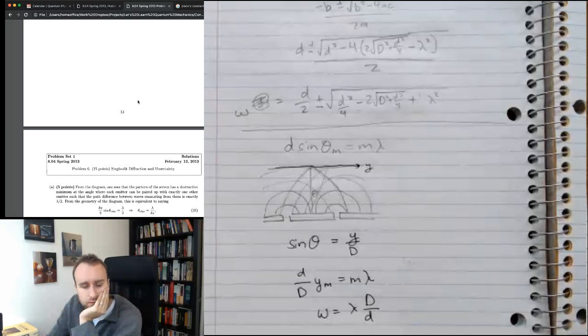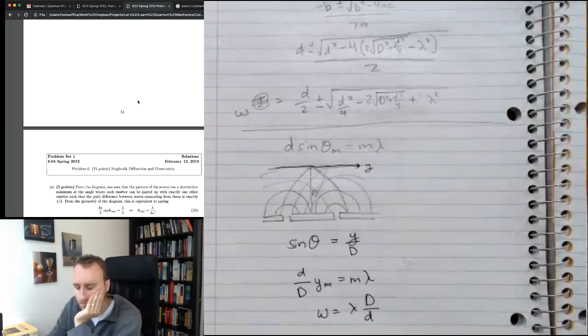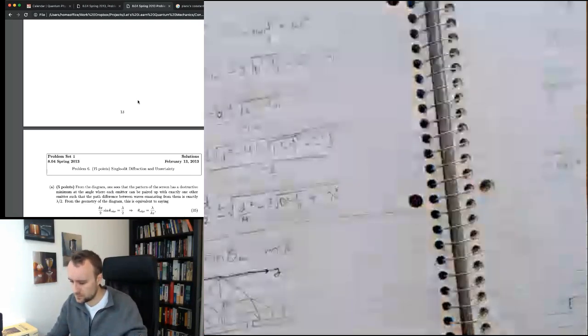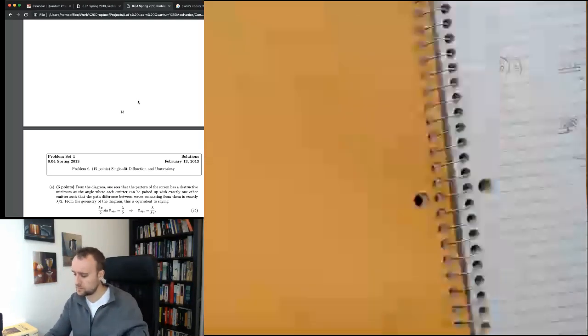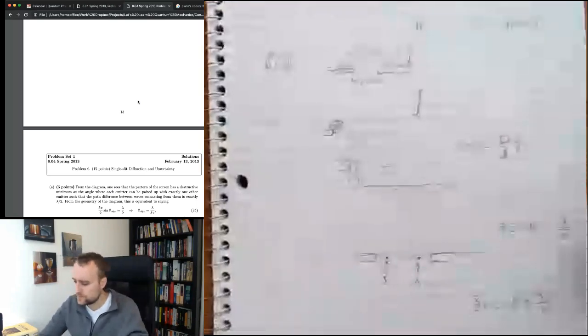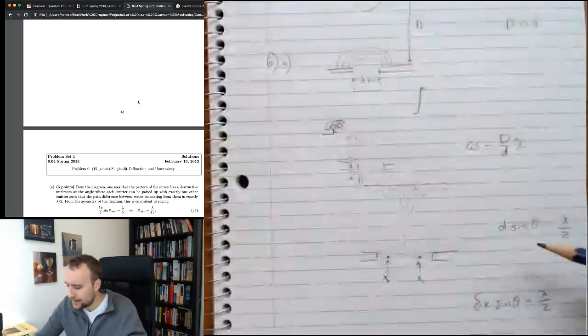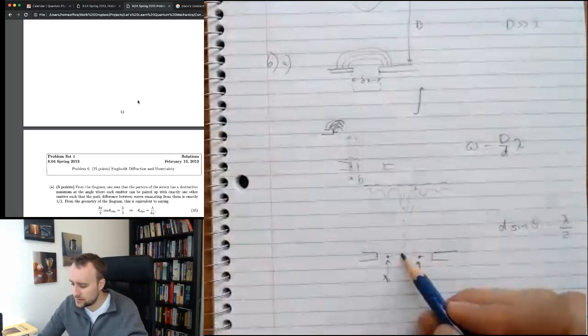Wouldn't it just have 1 divided by 2? I guess what they're saying is that this is going to be divided by 2.